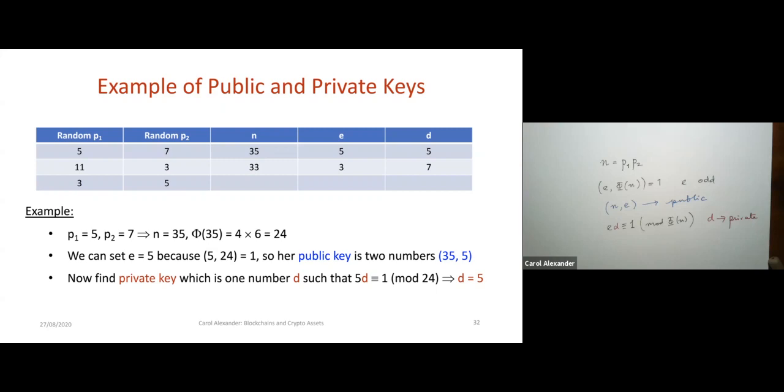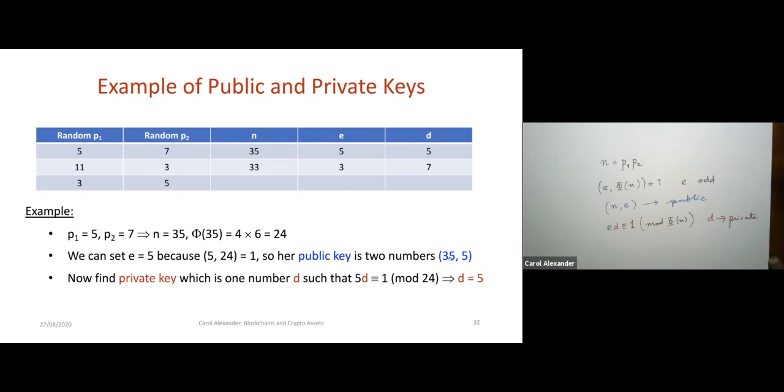So here's some examples. Suppose n1 is 5 and n2 is 7. So n is 35, and phi is 4 times 6, which is 24. And then E has got to be co-prime with 24. 3 won't do, but 5 will.